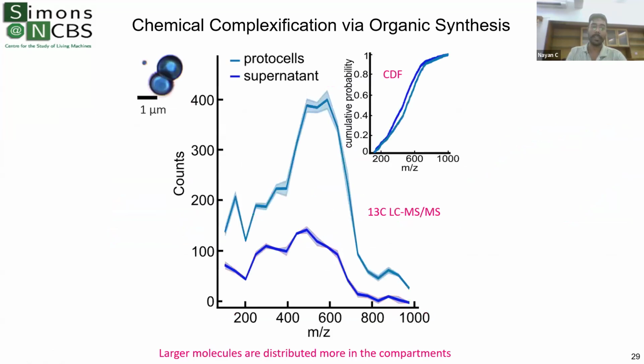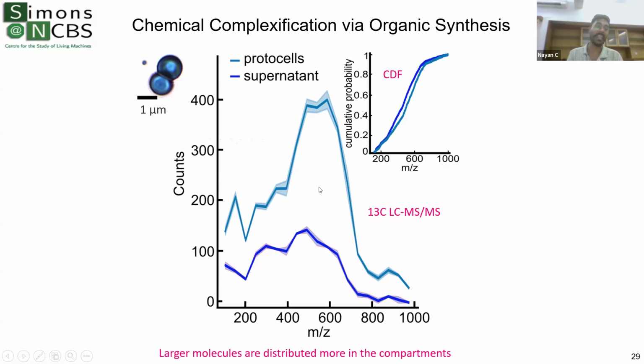And when we analyzed the protocells, which are the microspheres separated from the bulk solution, which is the supernatant, we do see that there are more molecules present in the microspheres as compared to the supernatant solution around it. And also there are longer molecules which are more present in the protocell.